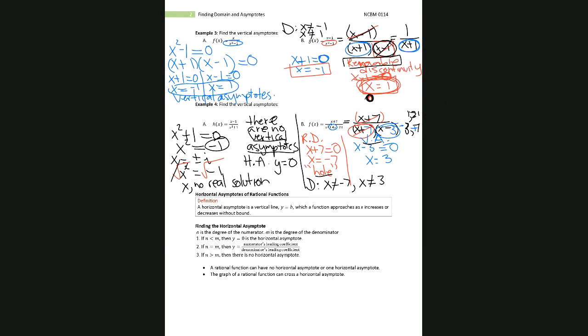Now, let's move on to horizontal asymptotes. And for this one, we have 3 cases. We have here case 1 that says n is less than m. So what I want you to notice is that we're using the letter n to denote the degree of the numerator, the top.